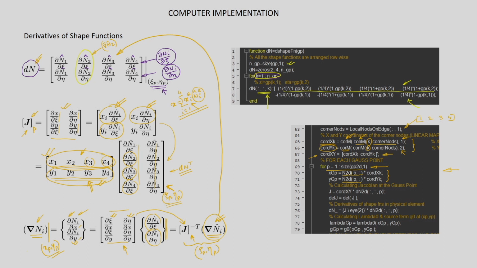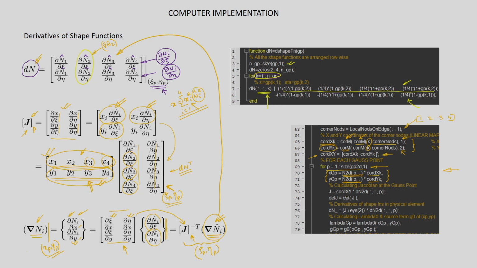So, these are shape functions in 2D. This is giving the values of the shape functions at the pth Gauss point, and these are the coordinates. So, we are basically using xi Ni, yi Ni to get the corresponding coordinate in the physical element. So, for a given Gauss point we are doing that.